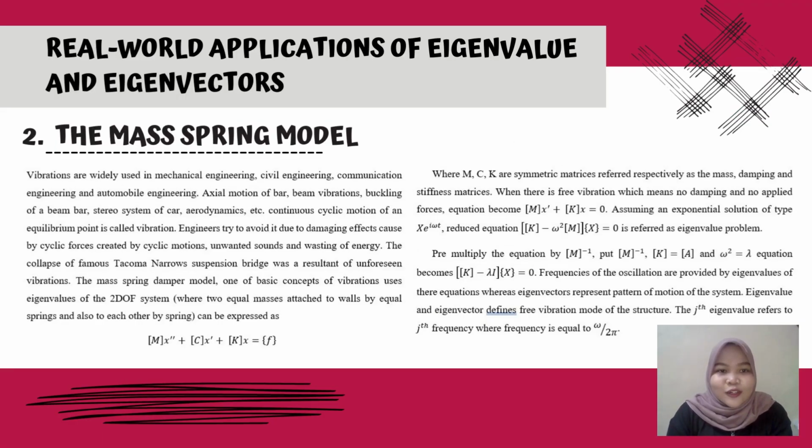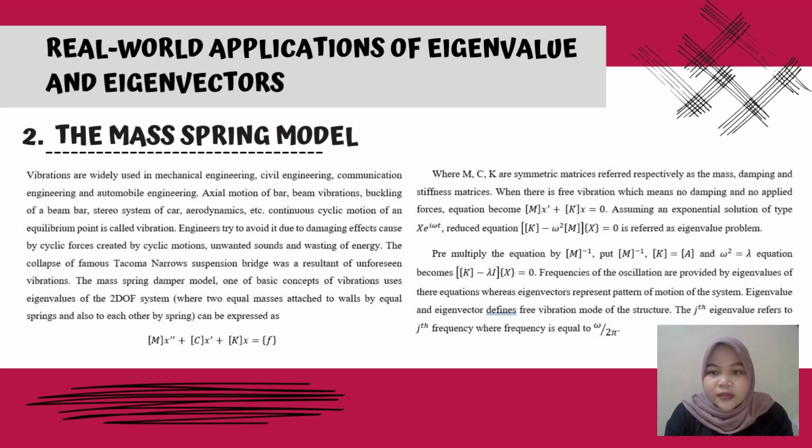The second real-world application is the mass spring model. The mass spring model, one of the basic concepts of vibration, uses eigenvalues of the two degrees of freedom system, where two equal masses attached to walls by equal springs and also to each other by a spring can be expressed as those equations.